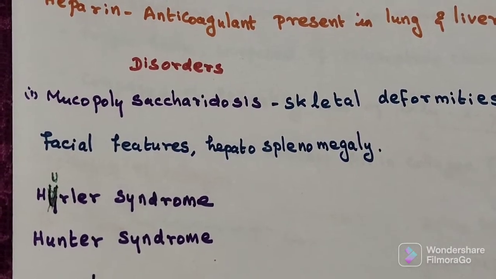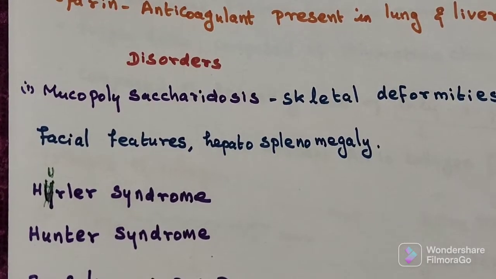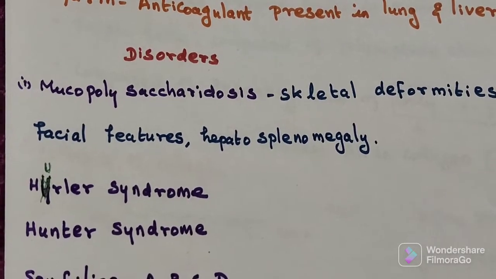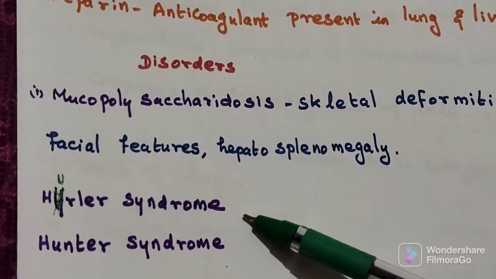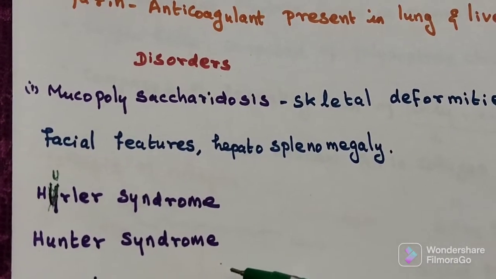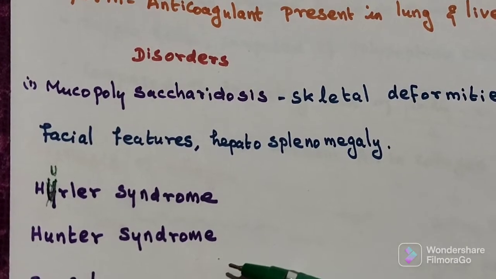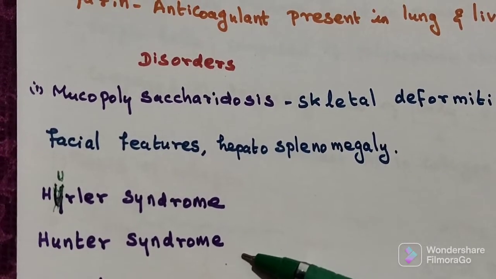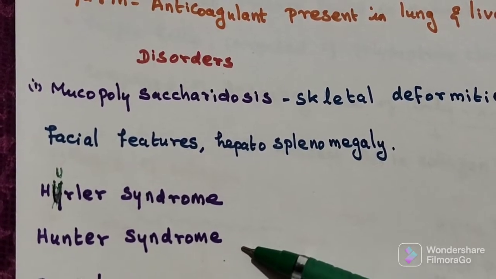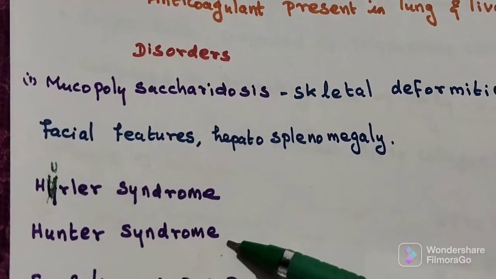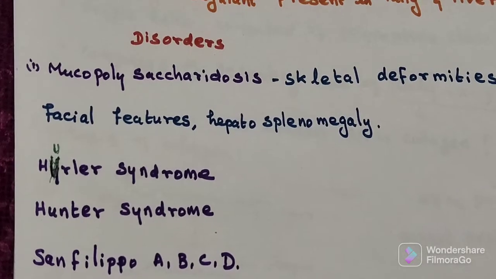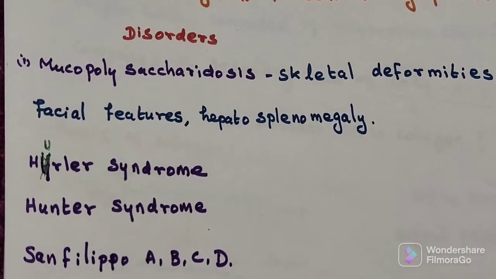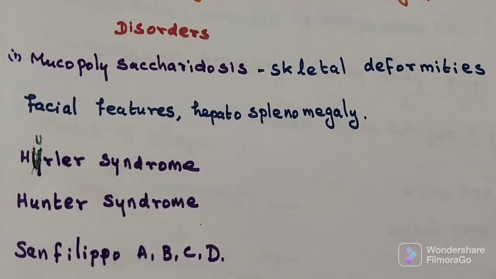It causes Hurler syndrome, with enlargement of spleen and liver. Then Hunter syndrome, an inherited disorder with missing enzymes. After that, Sanfilippo A, B, C, D, which affects the brain and spinal cord.